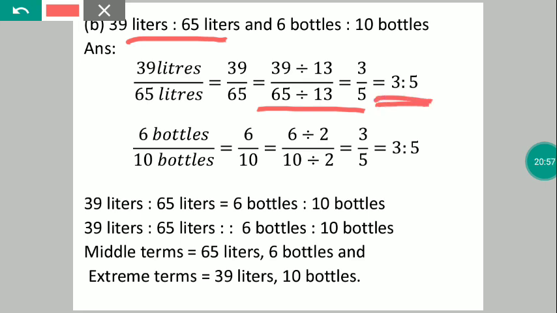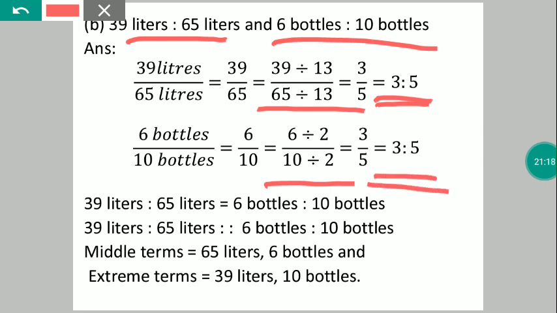So the ratio is 3:5. Now the ratio of the third and fourth quantities, 6 bottles to 10 bottles. So 6 bottles upon 10 bottles, which is equal to 6 by 10. Now divide numerator and denominator by the highest common factor of 6 and 10, that is 2. So the ratio is 3 by 5, that is 3:5.